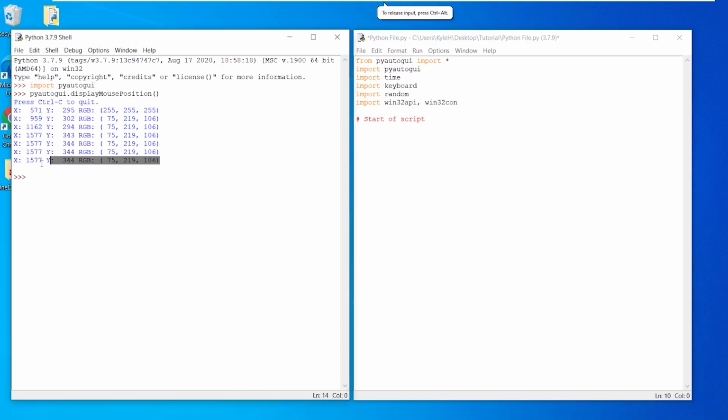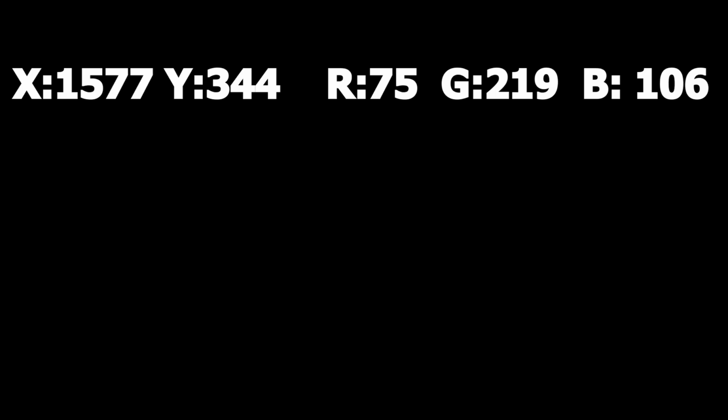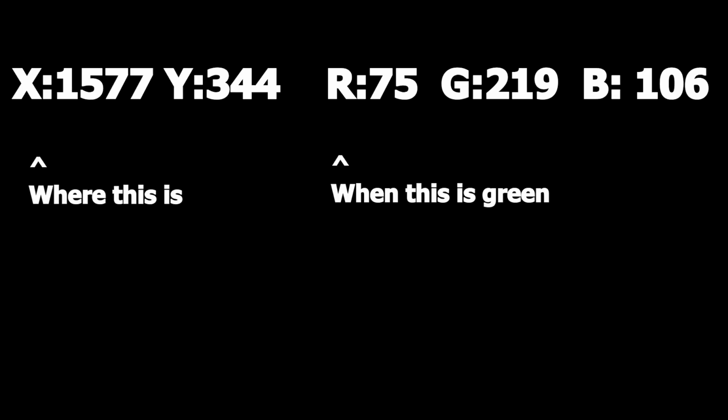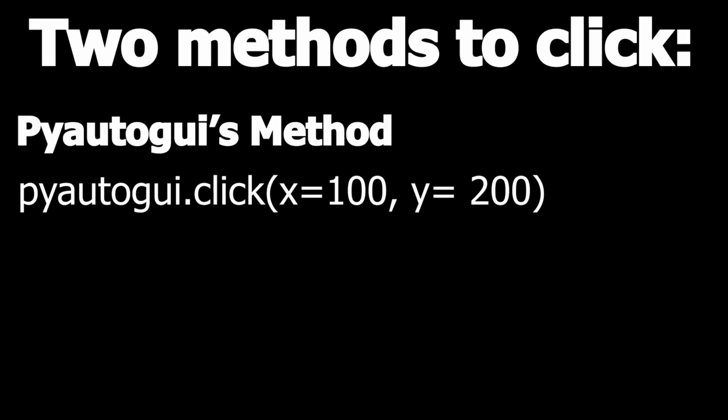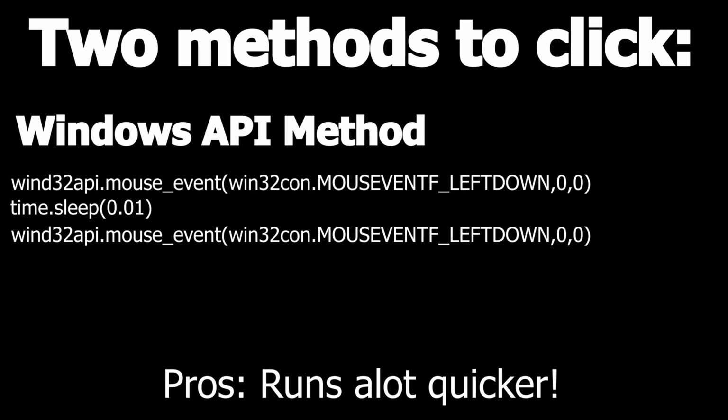Copy the RGB values and position from the shell and paste it into our Python script. We will be using these so the bot will know when and where to click. Now, there are two ways to perform a click. We could use pyautogui's click function, like this, or we could use the Win32 API to perform a click more directly. I'll be using the API because it's much quicker than pyautogui, and we will get better scores if we're quicker.